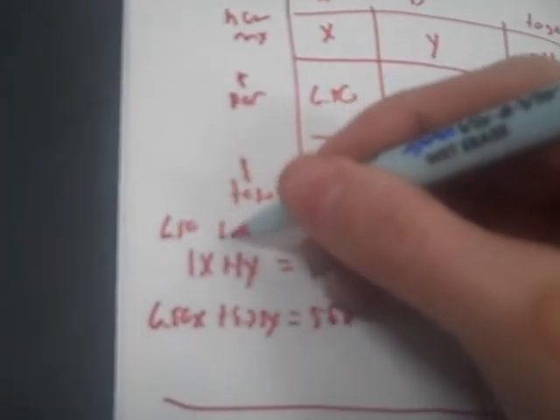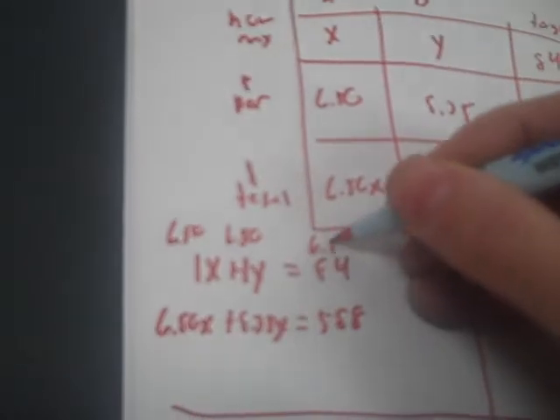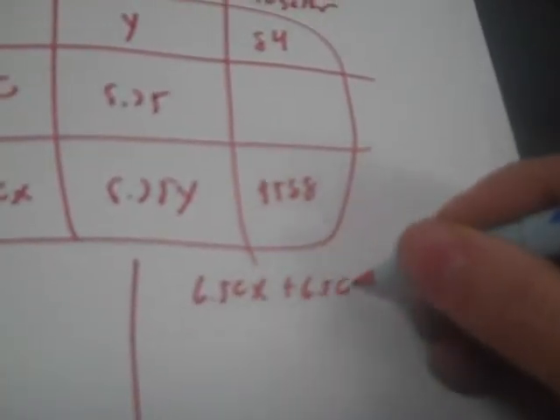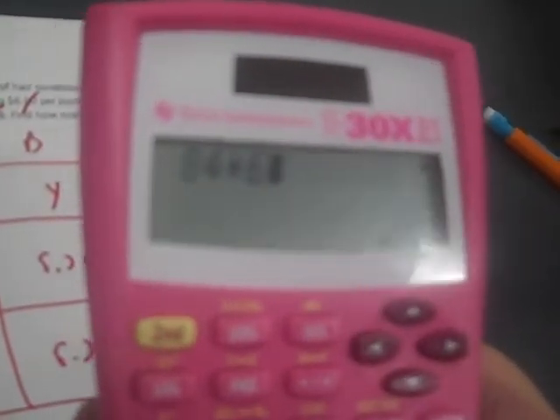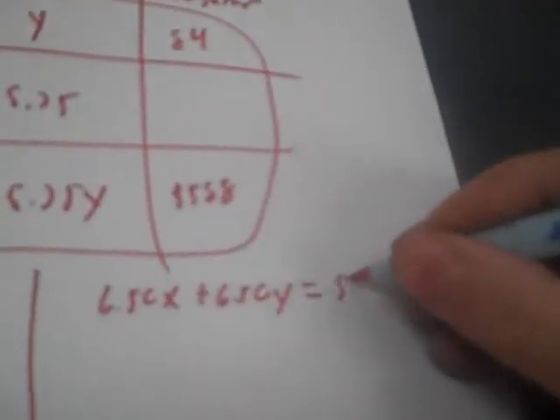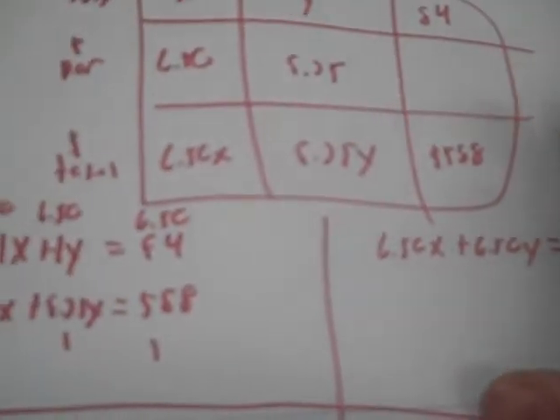So I'm going to multiply the top by 6.50 and the bottom by 1. So 6.50 times 1x is 6.50x plus 6.50y. Then I take 84 times 6.50. That's 546. And then the bottom remains unchanged.